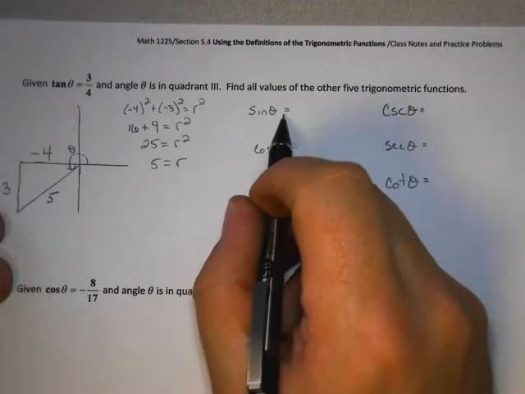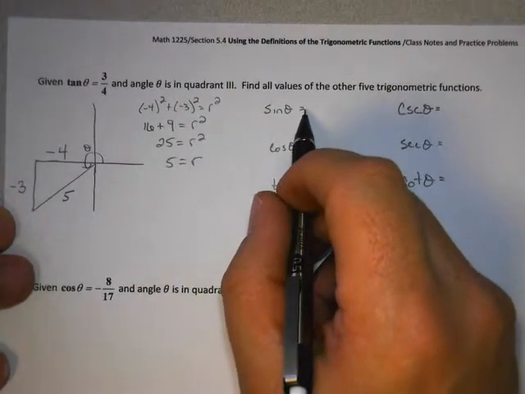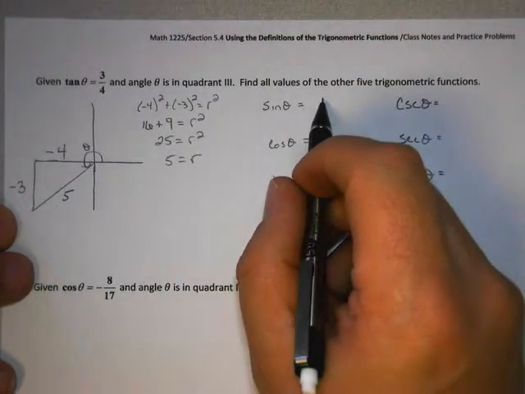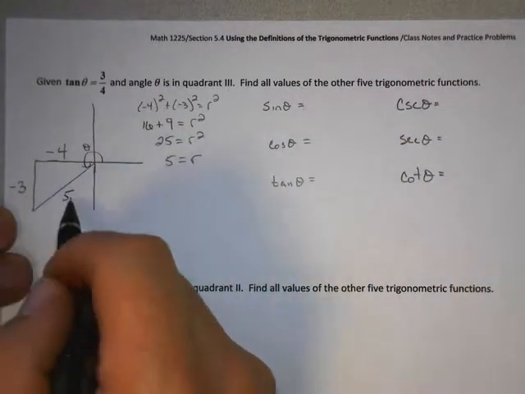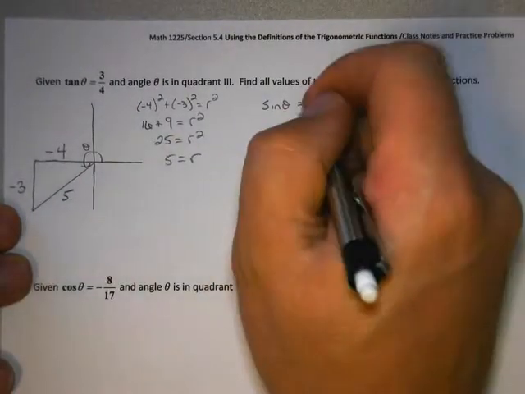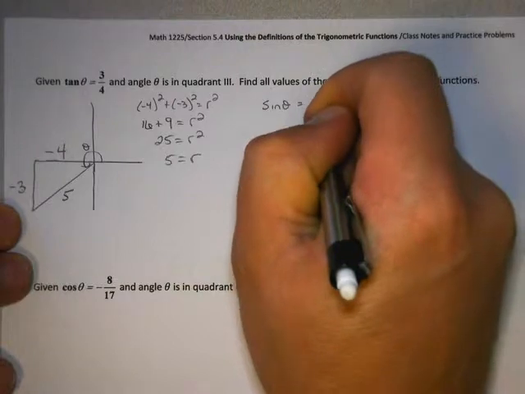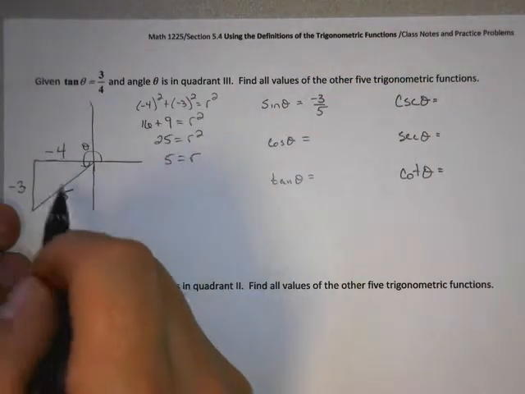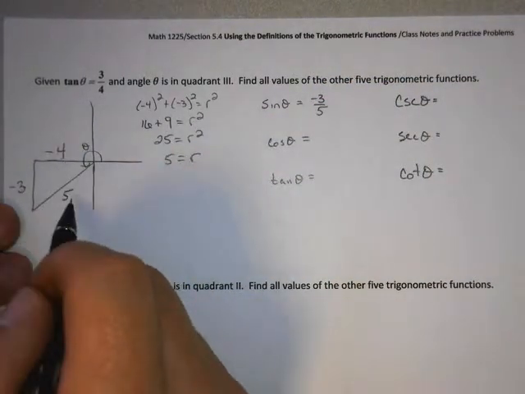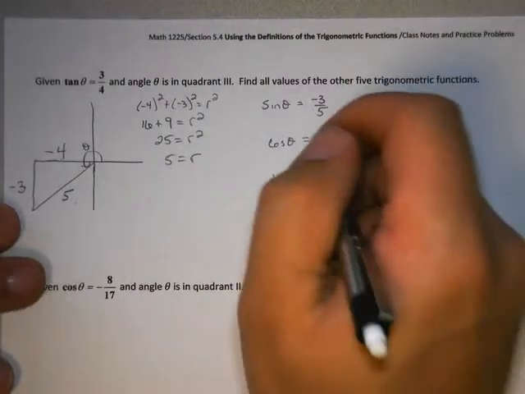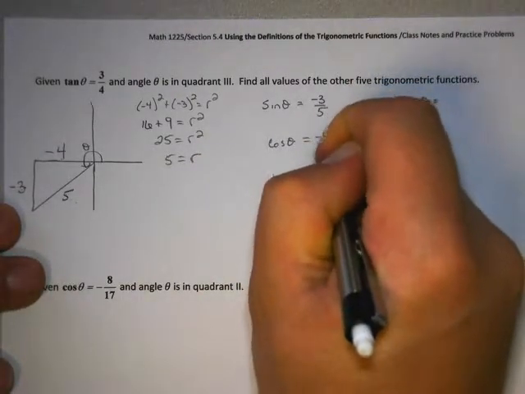Sine is y over r, or opposite over hypotenuse, negative 3/5. Cosine's adjacent over hypotenuse, or x over r, so it's negative 4/5.